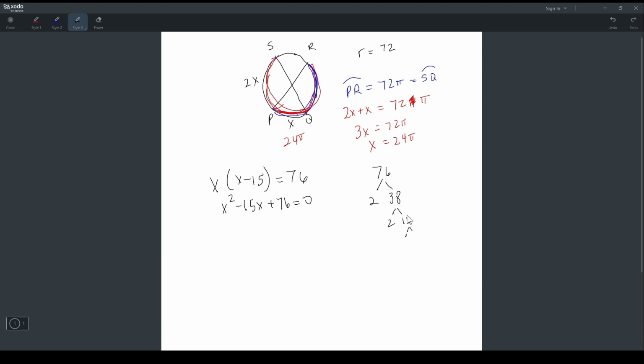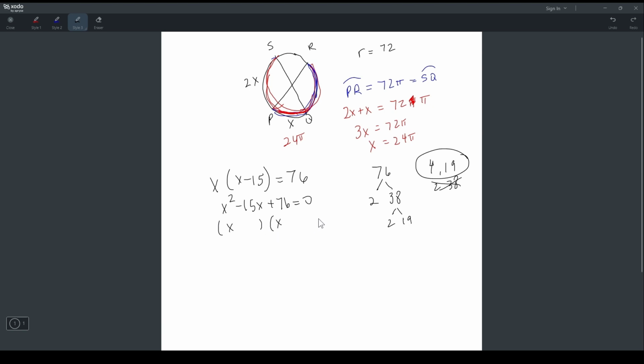No, this is not 2 and 16. It's not 2 and 6. It's 2 and 19. I'm like, what? 76 is not a power of 2. All right. So it could be 4 and 19 or 2 and 38. Actually, I already see it. It's 4 and 19.